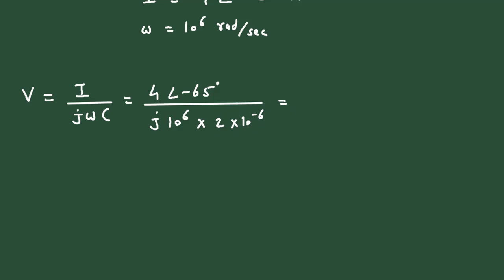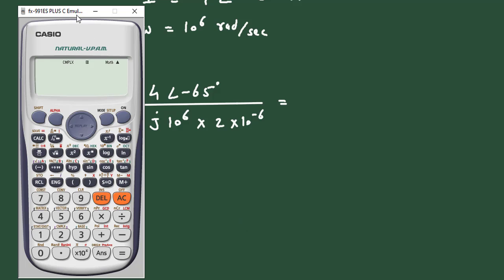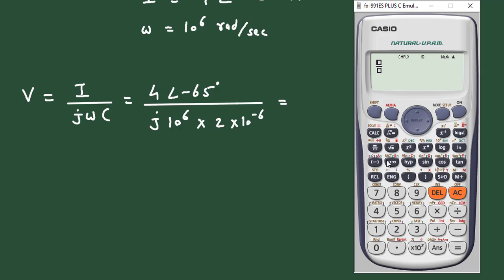We can directly solve this in the calculator. So it will be 4 at an angle of -65 divided by j × 10^6 × 2 × 10^-6.